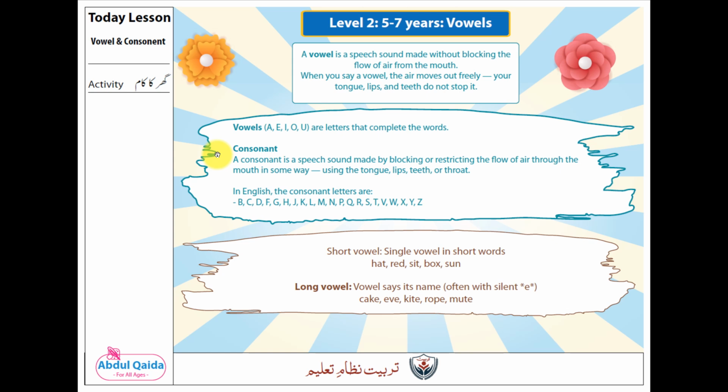A consonant is a speech sound made by blocking or restricting the flow of air through the mouth in some way, using the tongue, lips, teeth, or throat.